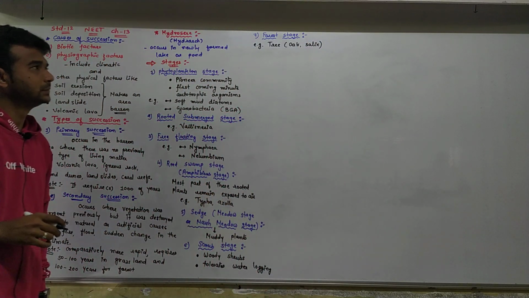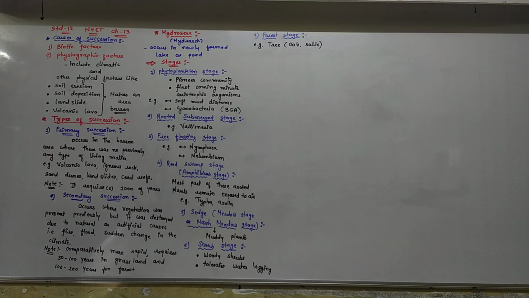Trees are there, oak as well as Salix. So these are the stages of the hydrosphere.